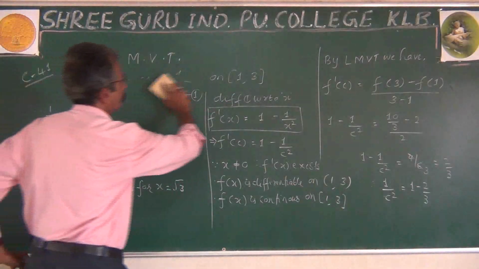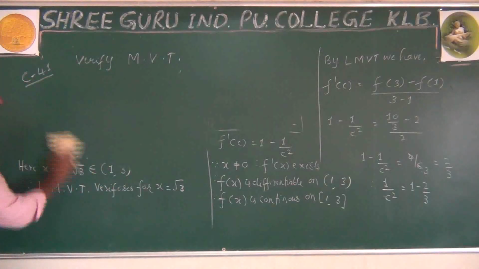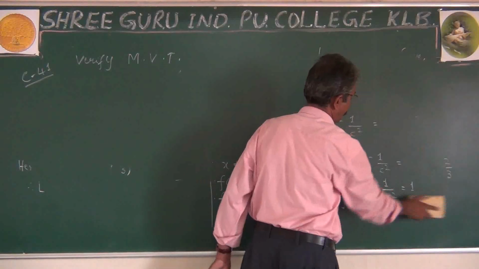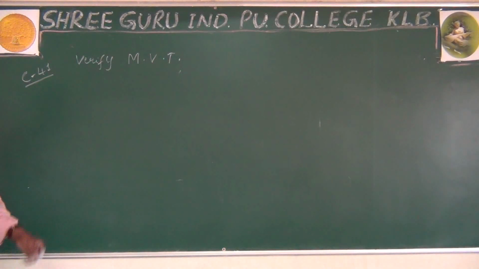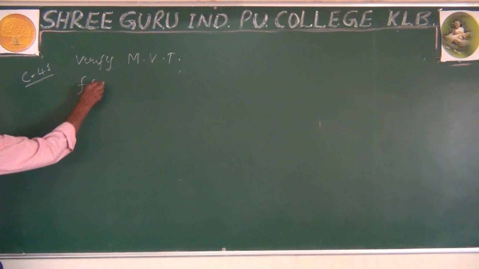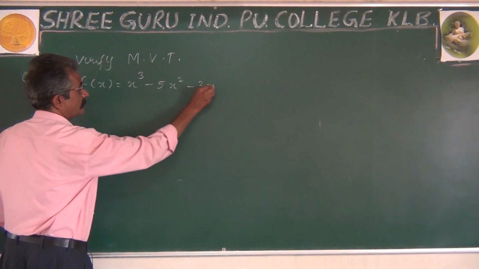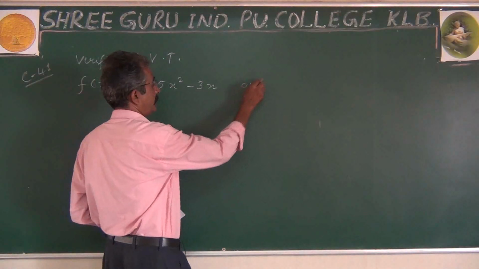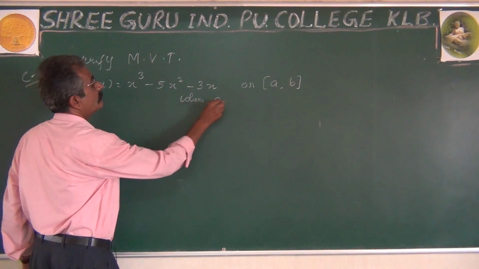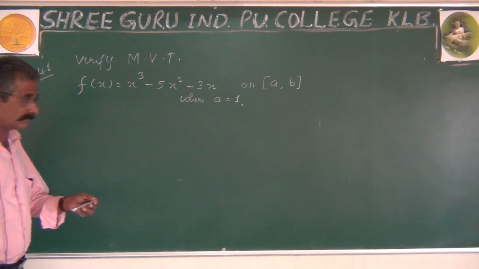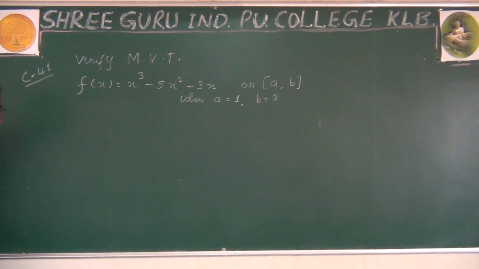Next problem. Verify mean value theorem for the function f of x equal to x cube minus 5x square minus 3x on the interval a comma b, where a equal to 1 and b equal to 3, as well as on the interval 1 comma 3.